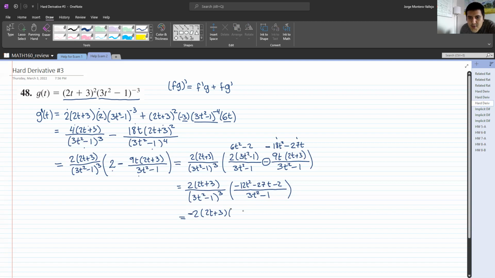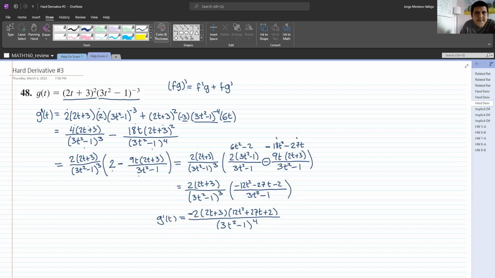Okay, but now everything here is positive. 12t squared plus 27t plus 2. And then all of these divided by, well, I have these 3 of them and have 1 of these. So my new denominator is to the 4th. Okay, and that is it. That is it, guys. This is g prime of t. And that's my answer.